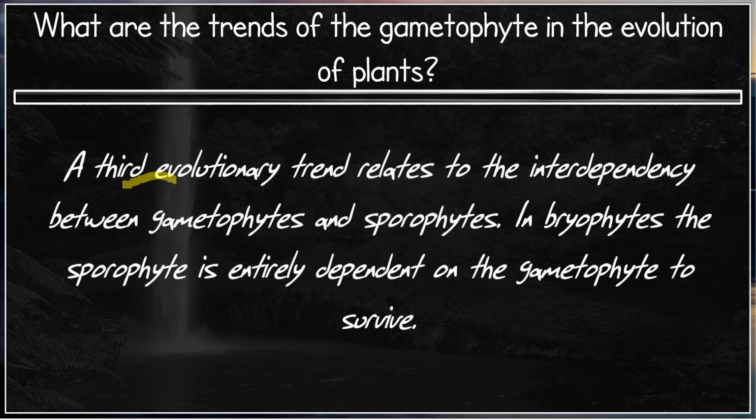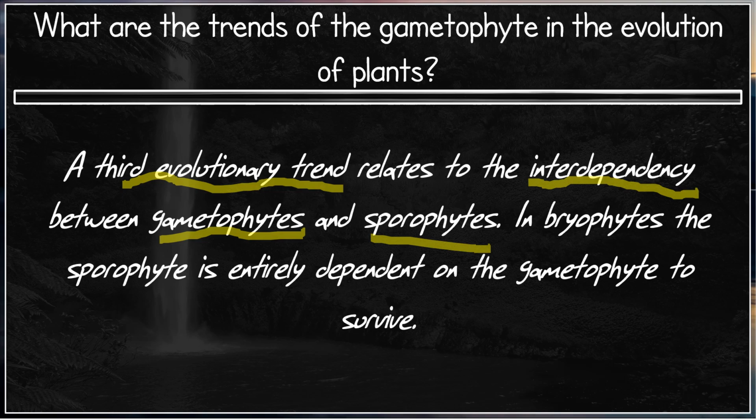The third evolutionary trend relates to the interdependence between gametophyte and sporophyte. In bryophytes, the sporophyte is entirely dependent on the gametophyte to survive.